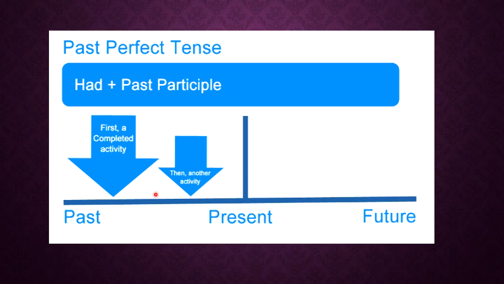So it is somewhere between past and present. See, past tense, present tense, future tense, these are the three timelines. Now, when two activities happen together, then the completed activity, which is first, will come in your past perfect tense. Okay? You can refer to the previous video also. We have discussed past perfect tense extensively in the previous session as well.